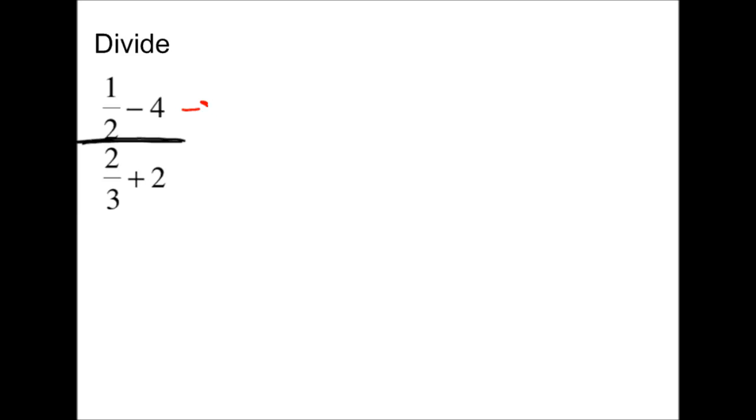If I'm working out the top, I do need to put this 4 over 1, and now I'm going to times by 2 and by 2 in order to get common denominators. So 1/2 minus 8 over 2, and that's going to give me negative 7 over 2.